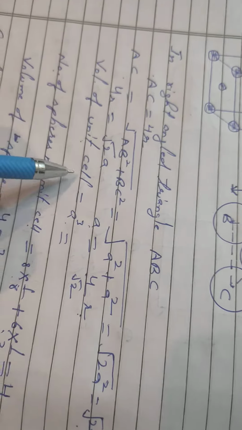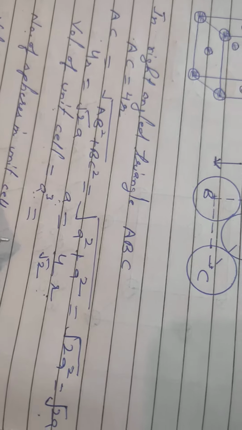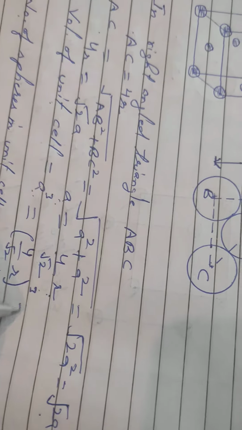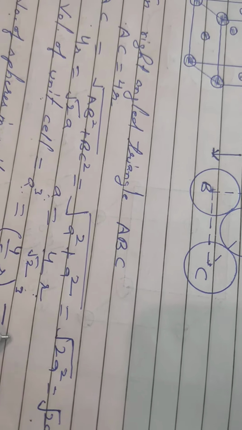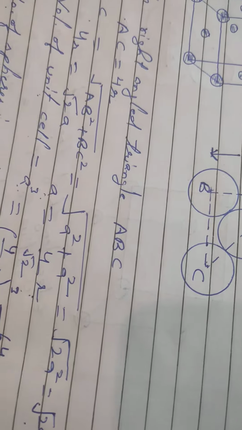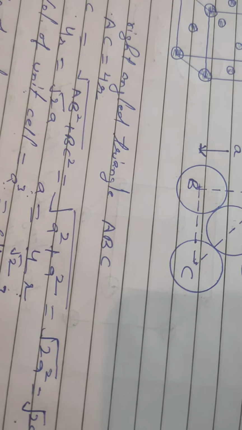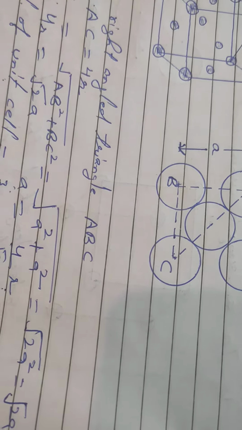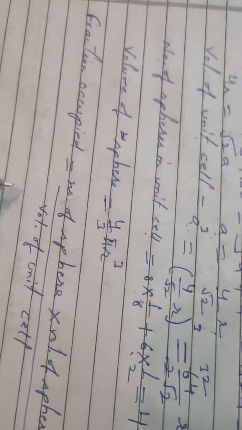So here volume of unit cell is equal to A cube, that will be equal to, put the value of A, 4 by under root 2R cube, it will be 32 by 2 under root 2, यही आएगा ना, okay, R cube, it will be 32. Okay, now put all these value in the formula.